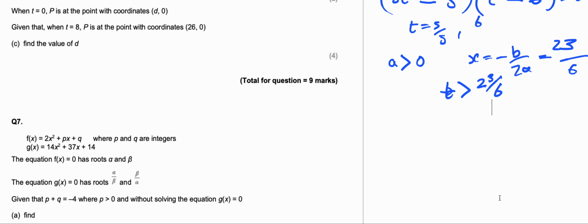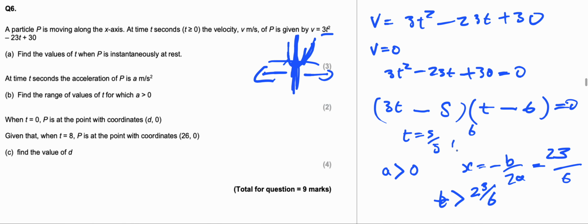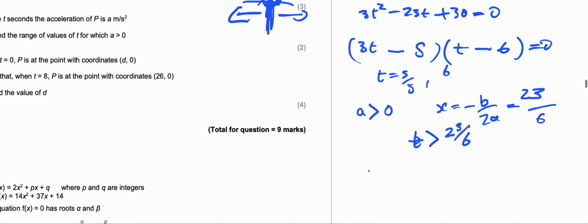Final part C. When t is 0, p is at the point with coordinates d, 0. Given that when t is 8, p is at the point 26, 0, find the value of d. So we're looking for location here. That means we're no longer talking about velocity, so we need to find the distance.